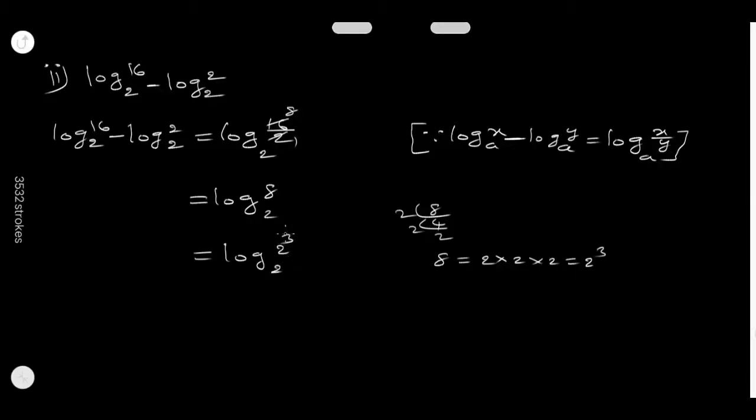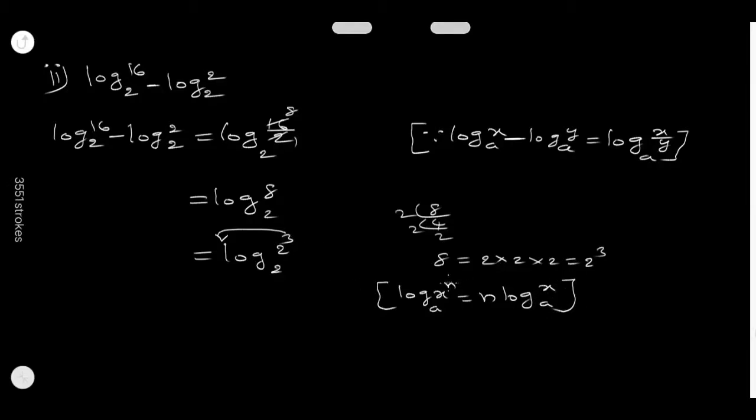So this power 3 comes before log, since we have the power formula, log x power n to the base a equal to n into log x to the base a.